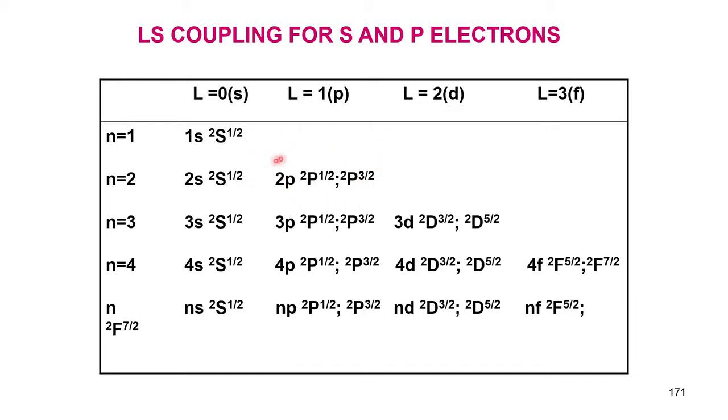This we have seen happening in the case of the sodium Grotrian diagram. For N equal to 3, L equal to 1 gives plus 1, minus 1 and 0, that is plus L to minus L. So, it is 3p and 3d again a doublet. For N equal to 4, we get S, P, D, and then F equal to 7 by 2, we get several other systems also. So, this is known as LS coupling.